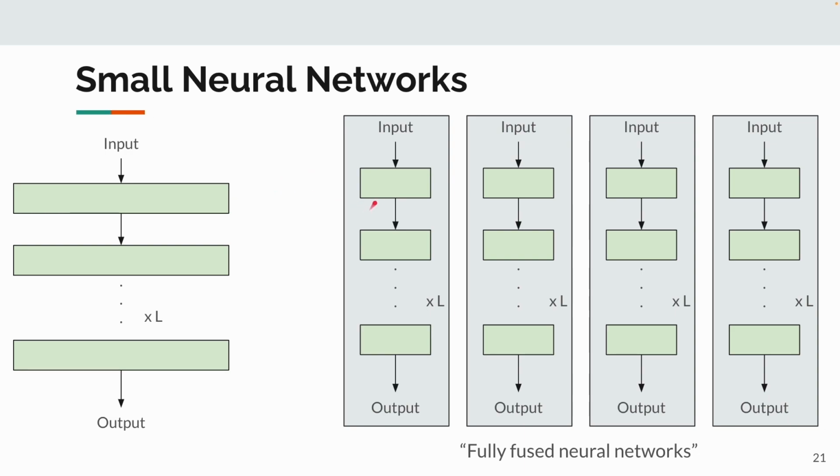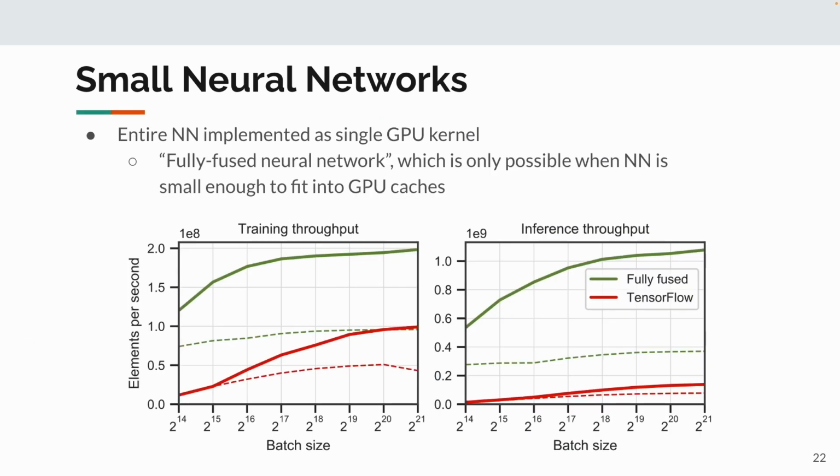Thus, the memory overhead of this small MLP becomes very small, and we save memory bandwidth. This kind of MLP is called a fully fused neural network. The entire neural network is implemented as a single GPU kernel, which creates a fully fused neural network. This is only possible when the neural network is small enough to fit into the GPU cache.